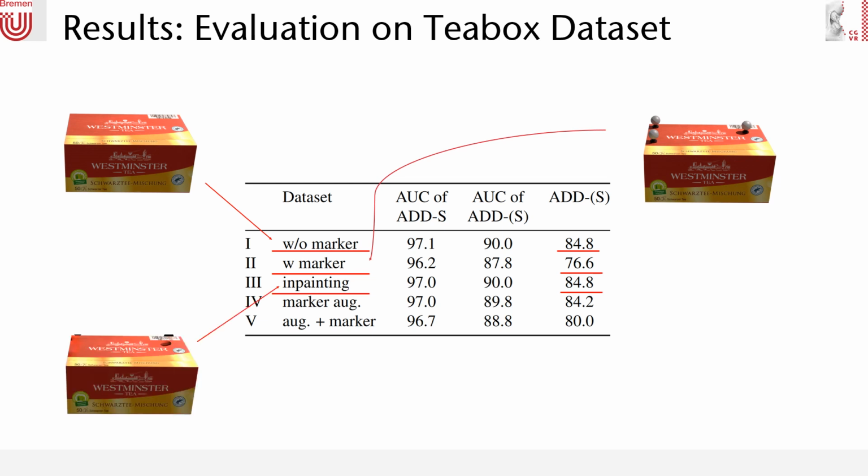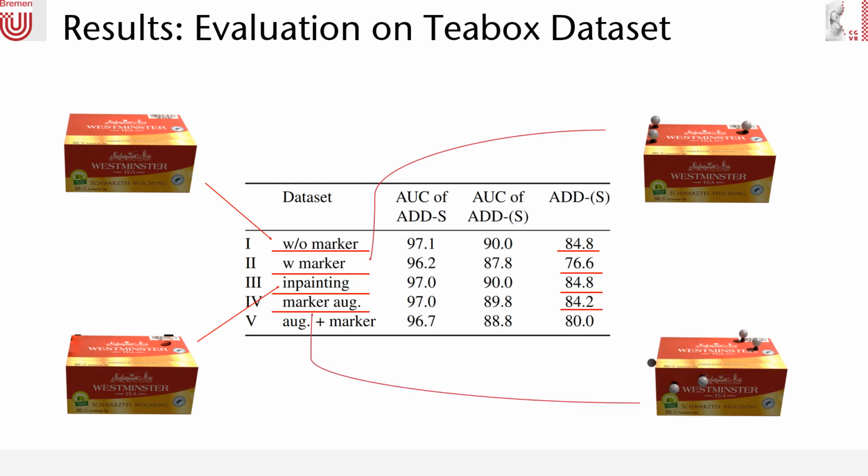Using inpainting to remove the markers has the same accuracy as using markerless images. Marker augmentation, or randomly replacing markers, has a slightly lower accuracy than markerless images. So, to sum up, using inpainting to remove markers does not reduce accuracy compared to markerless images. So in the future, we will only compare markerless images with inpainted images.